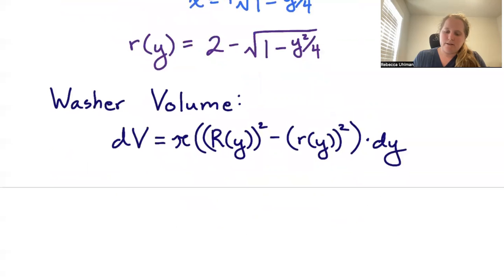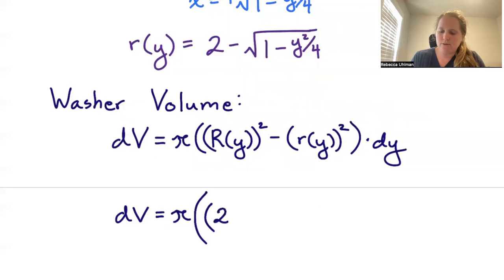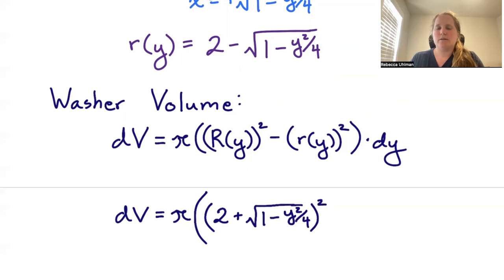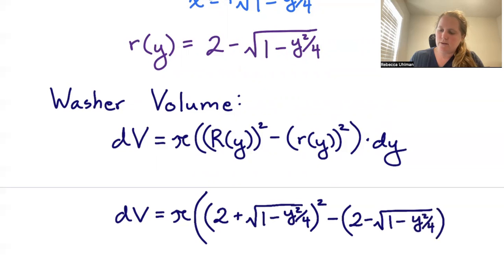So dV is equal to pi times, in parentheses, 2 plus the square root of 1 minus y squared over 4, whole thing squared, and then minus 2 minus the square root of 1 minus y squared over 4 squared, and then that entire thing times dy.